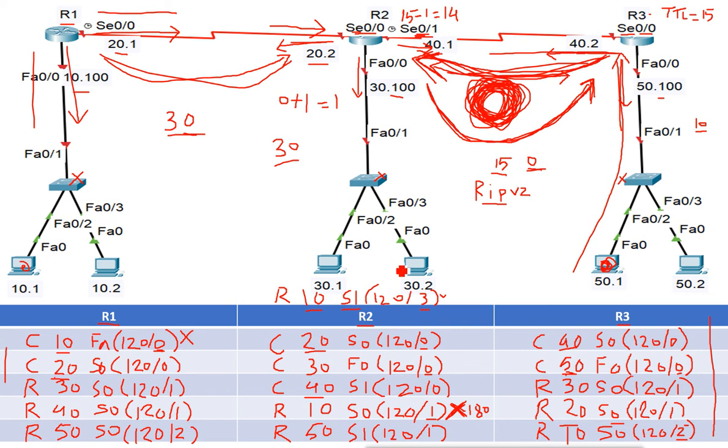But till then it will not remove the entry. And now if it is not removing the entry, then when router 3 says okay, I know network 10, it says okay, I also know it is down. So it will not create this wrong entry. And if it is not creating the wrong entry, then there is no chance of a loop. And that is why we have the hold down timer.